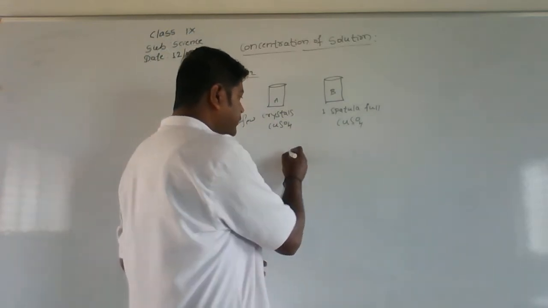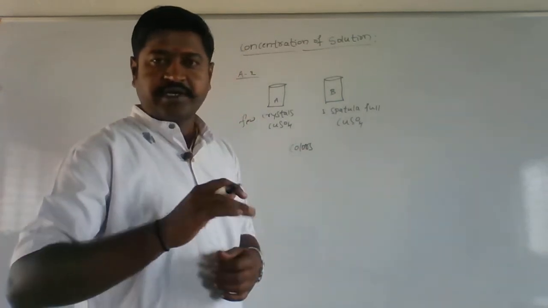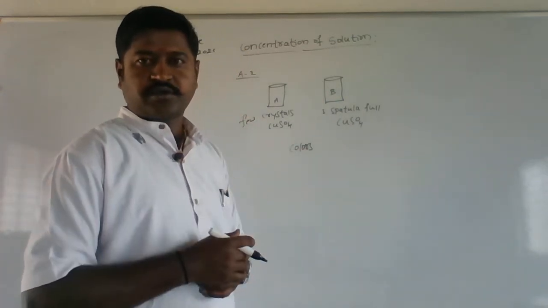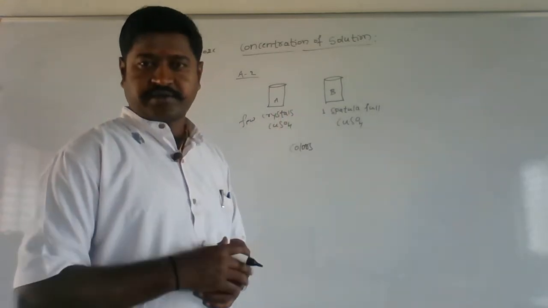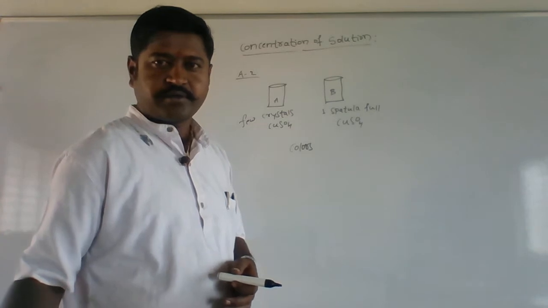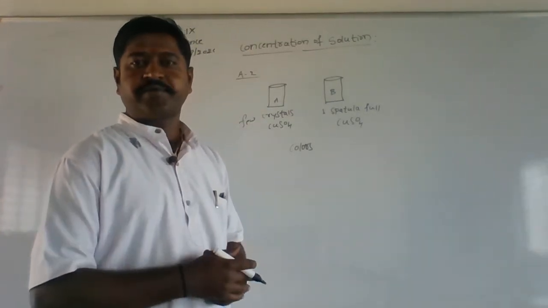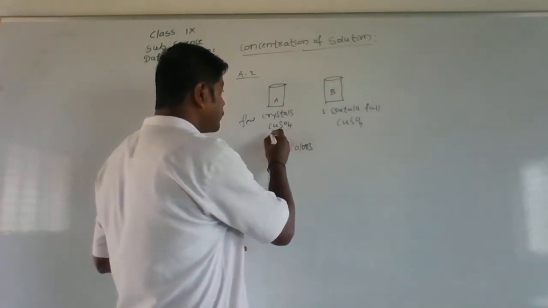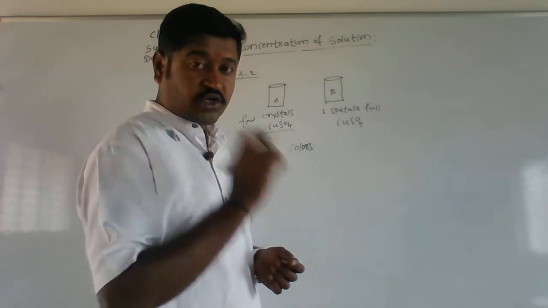So colors may have been changed. Colors may be varied. The proportion of solute in the beakers is different, right? Proportion of solute and solvent can be varied. Which is solute here? Here solute is CuSO4, right? Then what is solvent here?